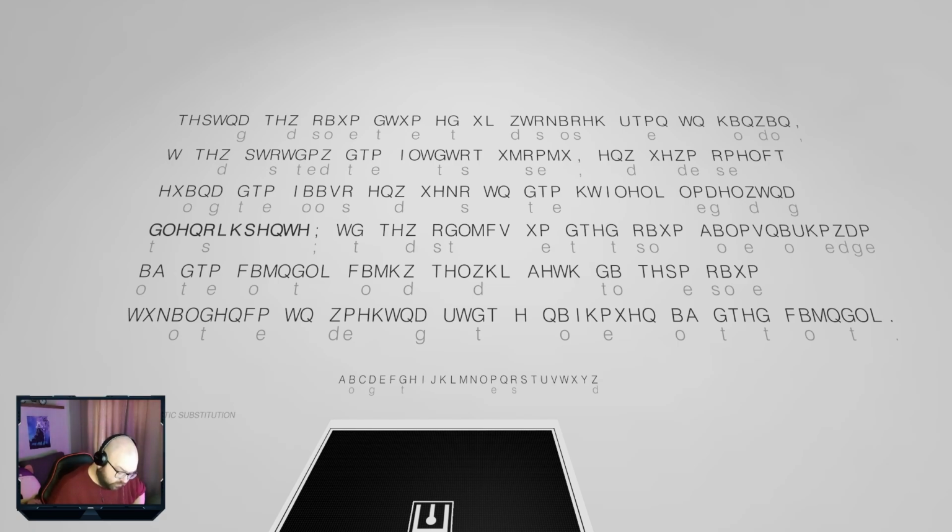Do we have any other ones? Right, so we need O. What could O be? We need to find a word in here that has an O in it, but it's easier to decipher.